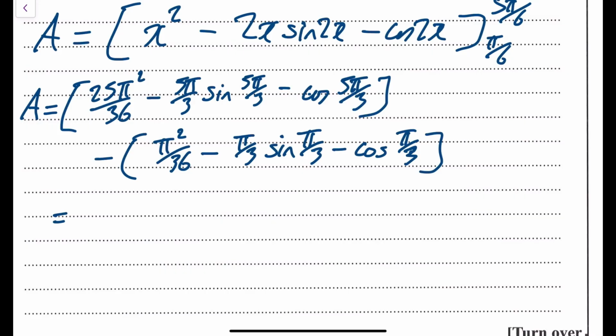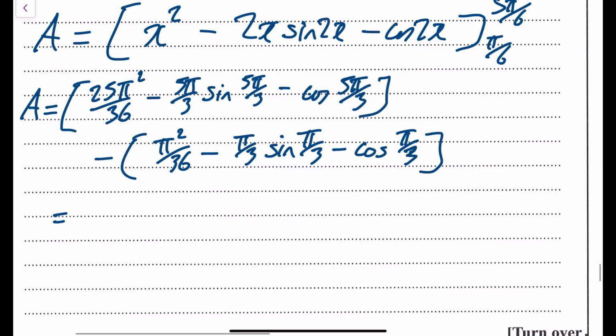So sine of 5 pi over 3. Bear with me a wee second. Sine of 5 times pi over 3 just works out to be minus root 3 over 2.